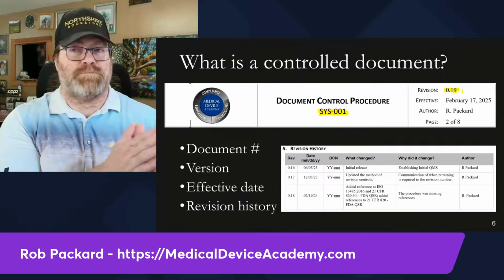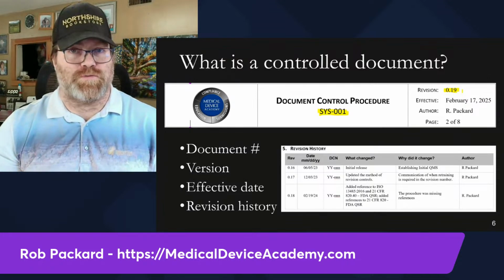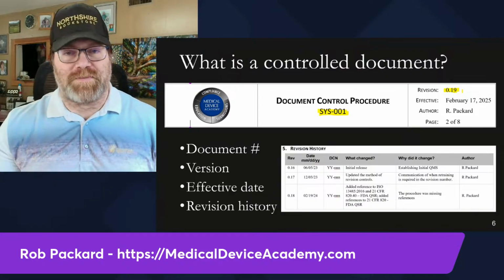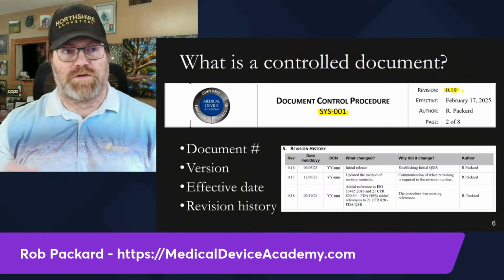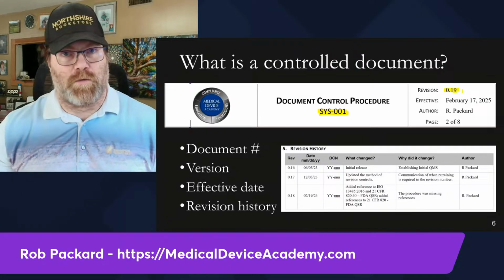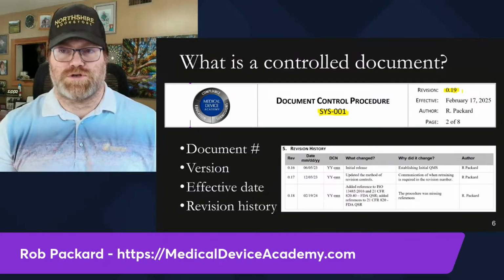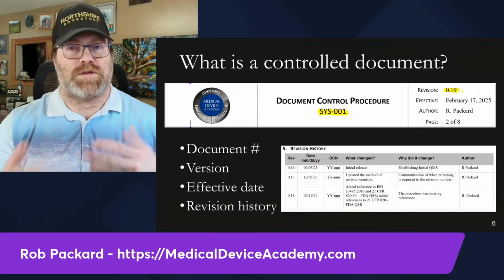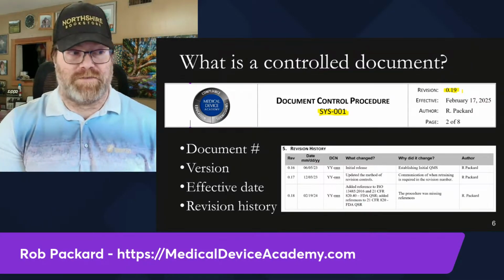When we change from 0 point something to 1.0, that means it's the initial release. We also use the numbers after the decimal to indicate whether it requires retraining or not. So if there is a change after the decimal place, no retraining required. If it's a change before the decimal place, so going from a 1 to a 2, that's a significant change and retraining is required. So it communicates additional information, significant revisions versus minor revisions.